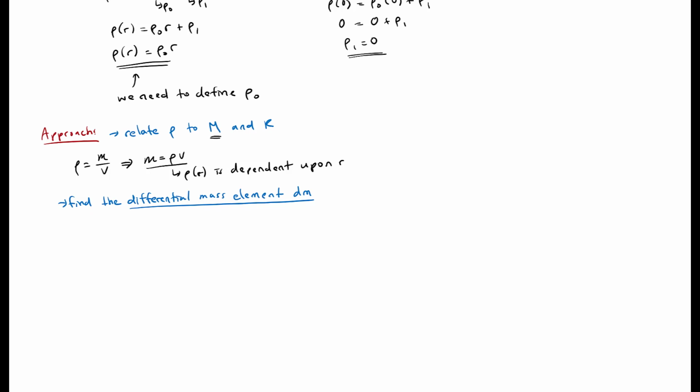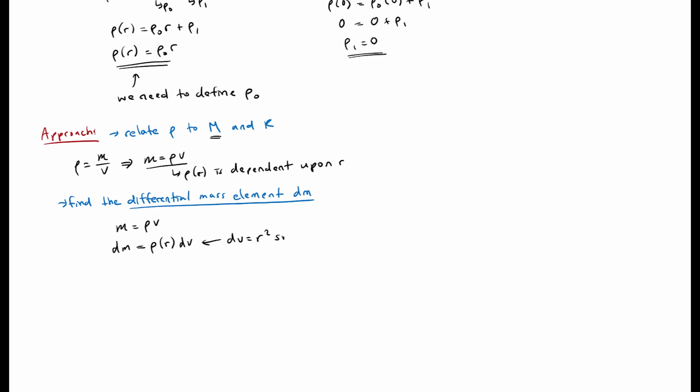So if we take a look at this equation again, we have m equals rho times v. If we're looking at each individual differential element, that means we have a tiny step or a tiny mass. We know that the density is going to be a function of r, so we can't change that. And for that tiny mass, we also have a corresponding volume element. This volume element, we've already done this before.